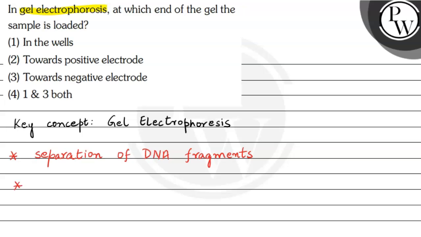So जो DNA separate हो रहा है that depends upon the size of the DNA fragment or the charge present in the DNA fragment. अब ये जो gel जो हम use करते हैं in gel electrophoresis, so the gel matrix that we use has certain pores present in it.